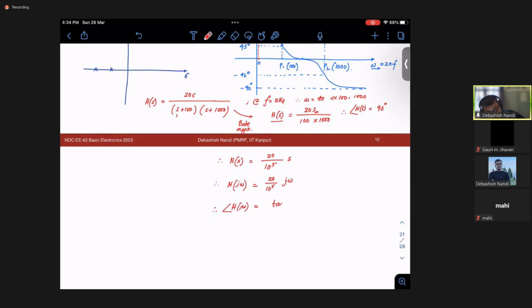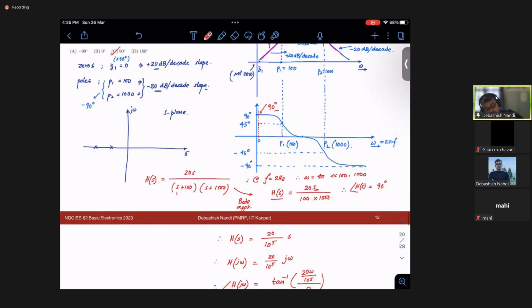It is nothing but tan inverse of 20 omega by 10 to the power 5 divided by 0, right? So tan inverse infinity, and what is that? That is pi by 2 or 90 degree, right? This is how your Bode approximation comes into the picture.